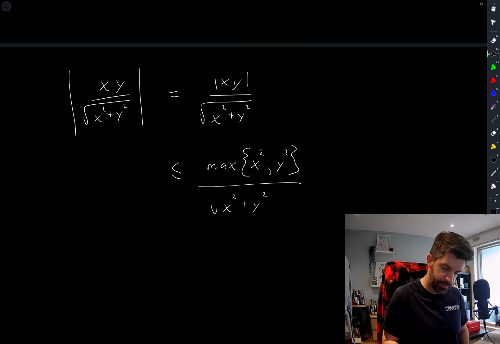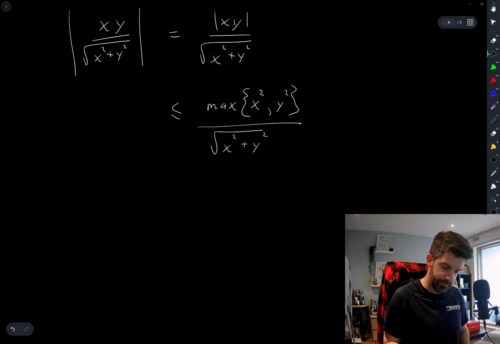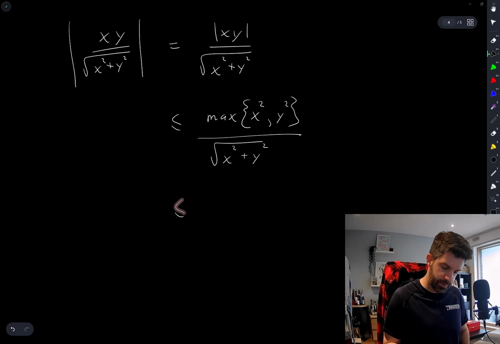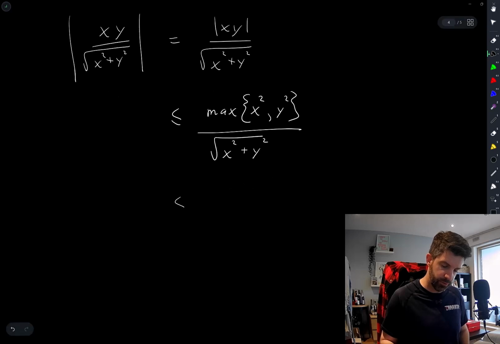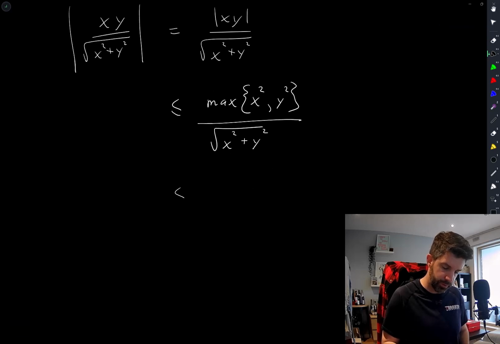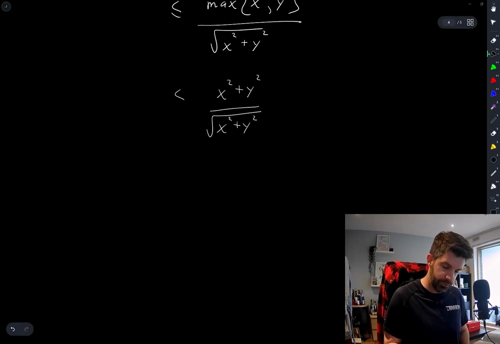Then I get this. And the maximum of x squared and y squared is less than x squared plus y squared. And this is equal to root of x squared plus y squared.